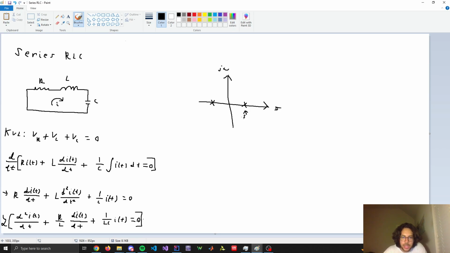That's S1 and S2. This is over. And for critically damped, we'll just have one pole. It's actually located at the origin. J omega versus sigma. This is critically damped.